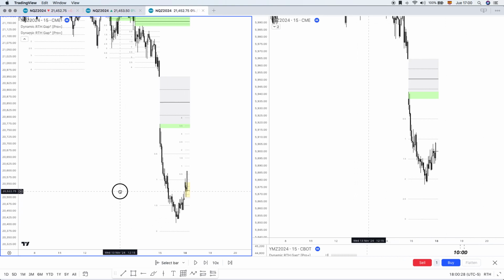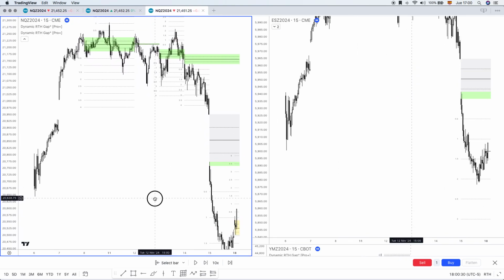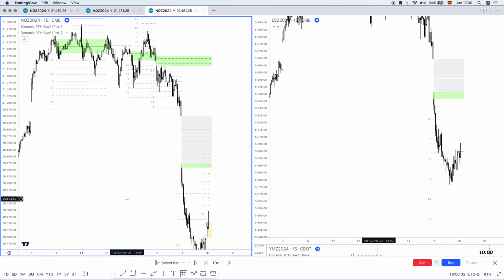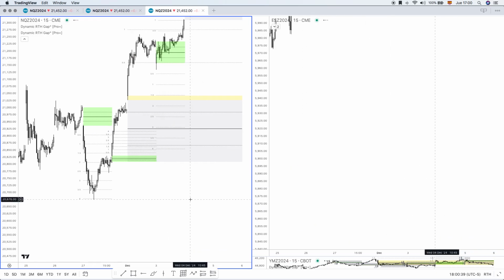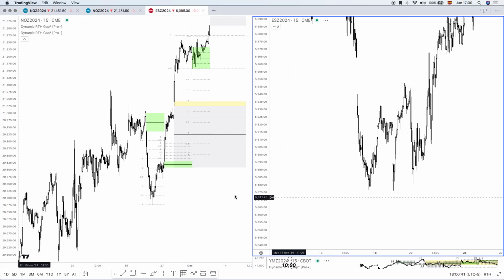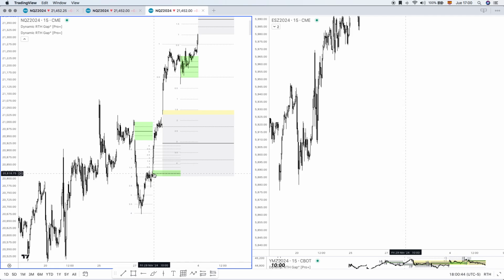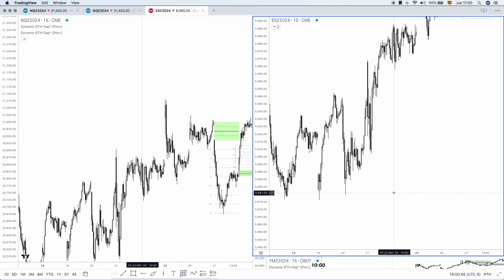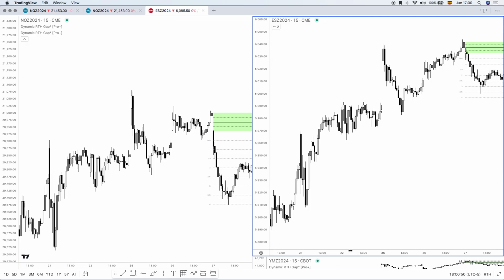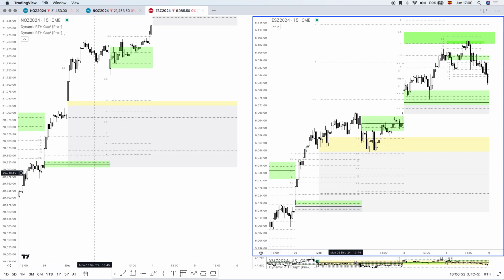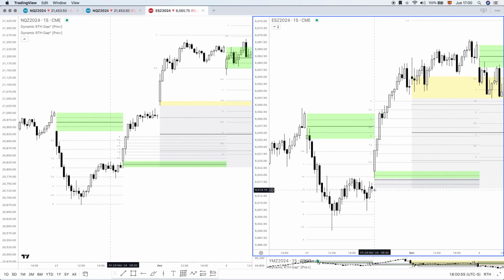No, it was not this date. I don't know what day was the day that we had that breakaway gap. Let me see. But you can compare almost every day, and you will see, like for example, this day. This was another good example. Yes, here.